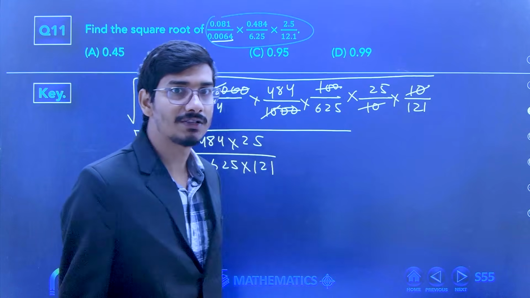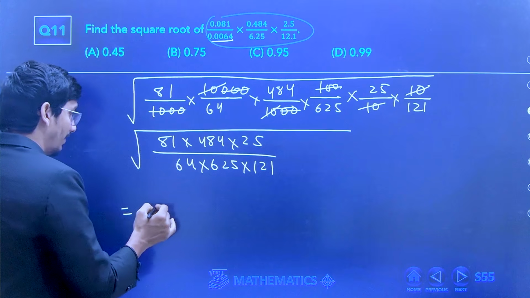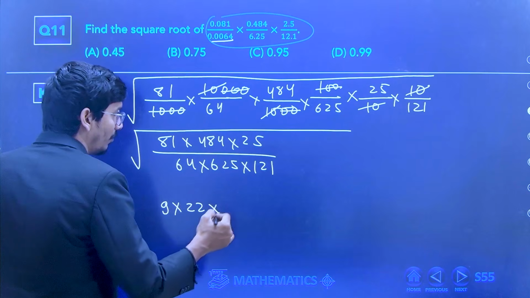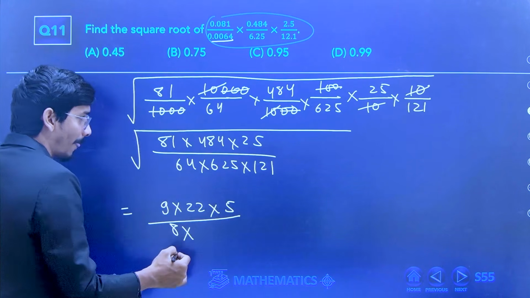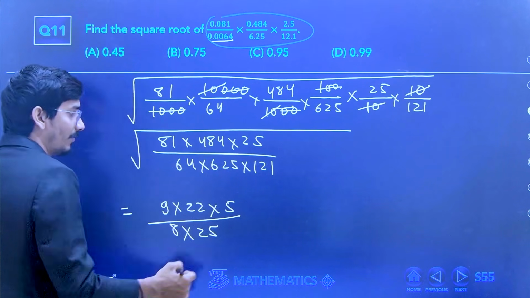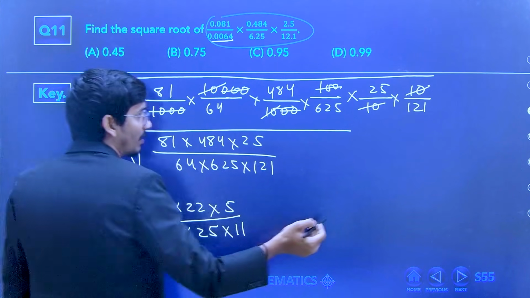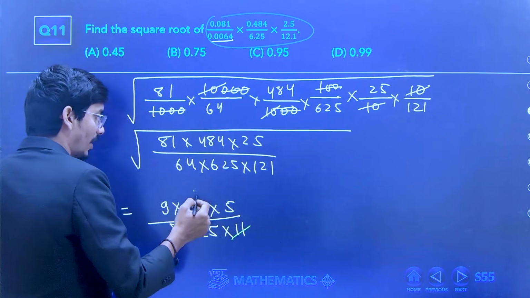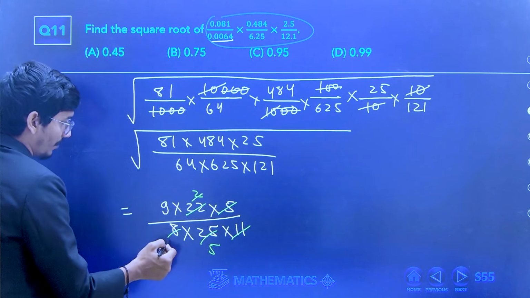So when you see the square root of this quantity, first of all find the square root of each and every quantity. The square root of 81 is 9, 484 is 22, 25 is 5, upon the square root of 64 is 8, 625 is 25, and 121 is 11. Now try to cancel, beta. 2 times, this is 5 times, this is nothing but 4 times.